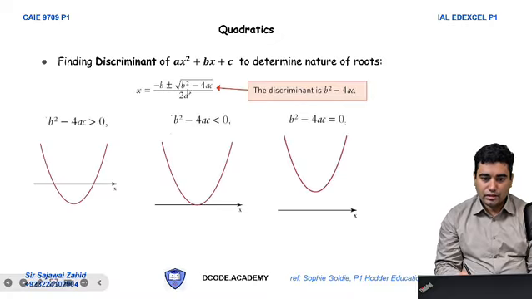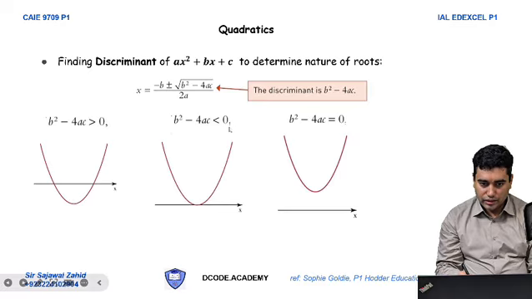It's the term under the square root, b squared minus 4ac. You must have seen this in the quadratic formula. So b squared minus 4ac determines the number of roots. If it's greater than 0, 2 distinct roots; equal to 0, 1 root; less than 0, no root.